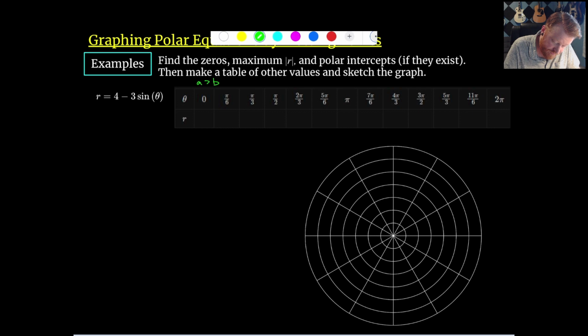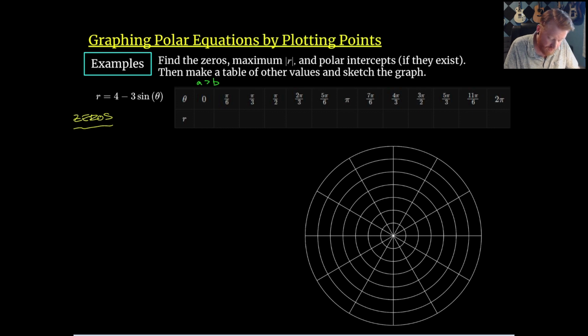First thing that we'll do is look for our zeros. So we're going to set this equal to 0: 4 minus 3 sine of theta equals 0. We want to know what theta value would cause this graph to go through the pole.